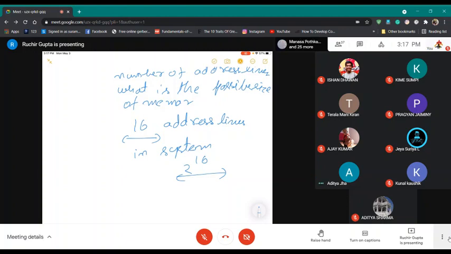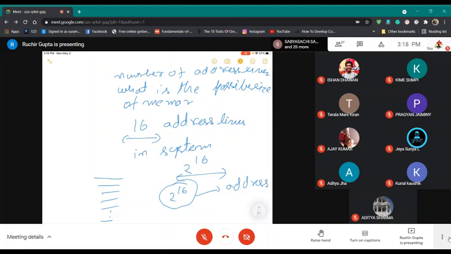Okay, so given the 16 bits, there are 2 raised to 16 combinations that they could be in. So you can generate as many as 2 raised to the power 16 combinations, and each of these combinations will be treated as one address.